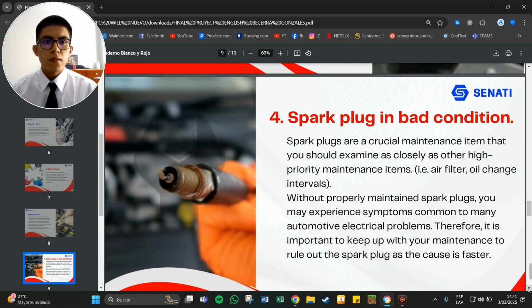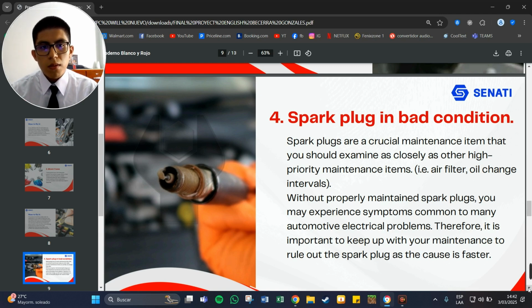4. Spark plug in bad condition. Spark plugs are a crucial maintenance item that you should examine as closely as other high priority maintenance items, e.g. air filter and oil change intervals.